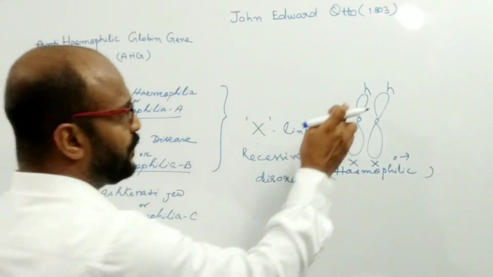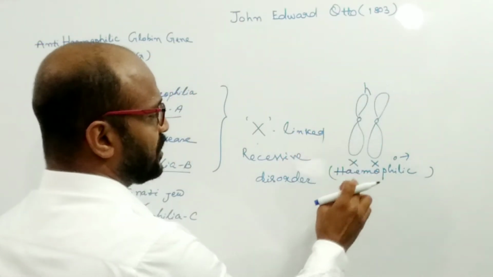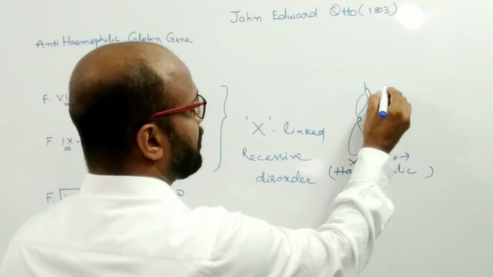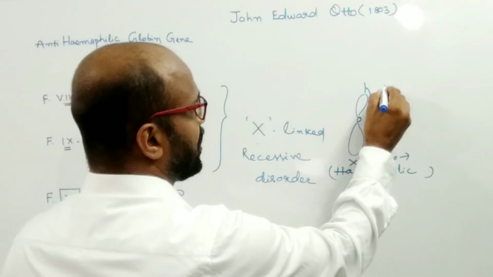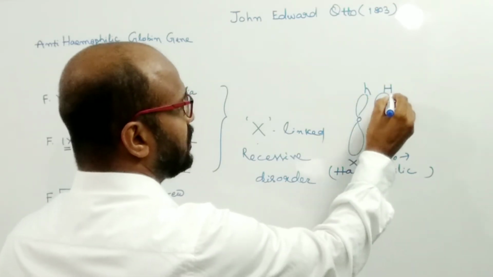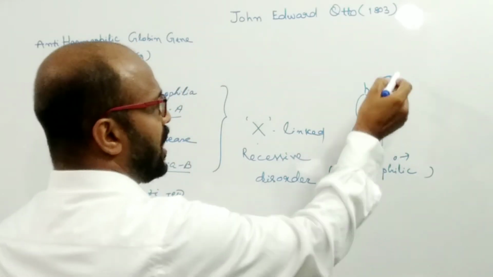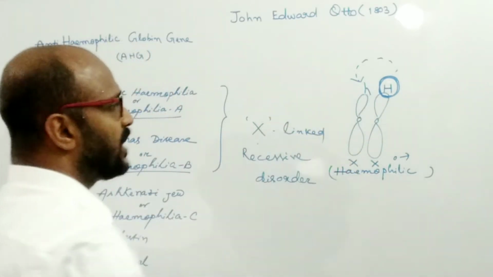If only one hemophilic allele is present, then what happens? If the female contains one hemophilic, or defective, allele, then the other X chromosome contains the normal gene, or normal allele, which compensates for the defective hemophilic allele.